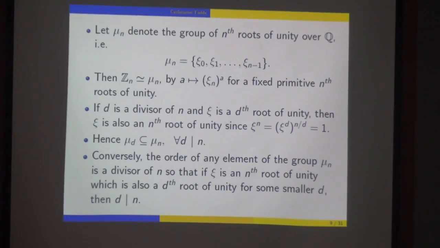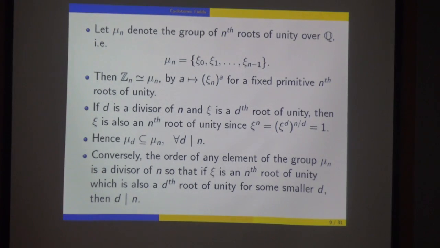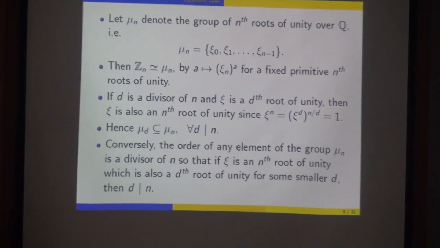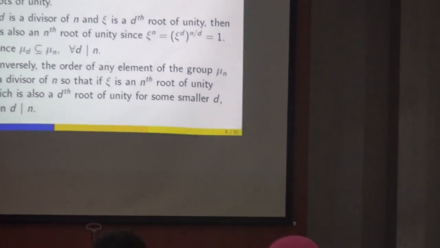Okay, let mu_n denote the group of n-th roots of unity over Q, like this. Then Z_n is isomorphic to mu_n by this mapping for a fixed primitive n-th root of unity. There are more properties about this unity.